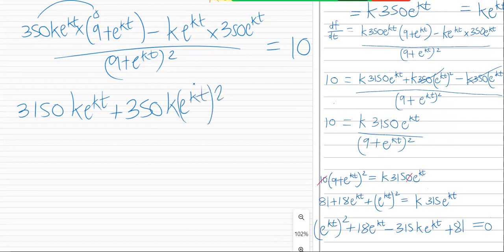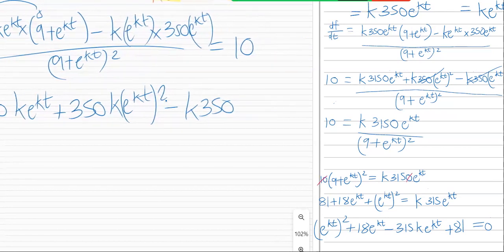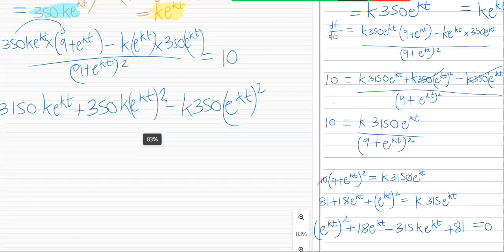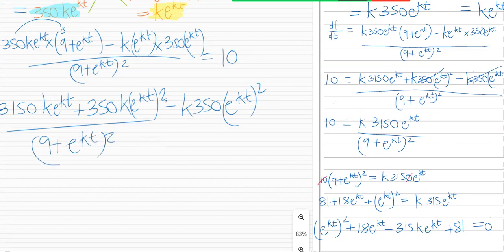Okay, so that's times 10 minus, there's again k, then 350, and again we have e^(kt) times by e^(kt), so it's just e^(kt) squared. All of this, I'm not going to times it out or anything because it's all just divided by 9 plus e^(kt) squared, all equal to 10.